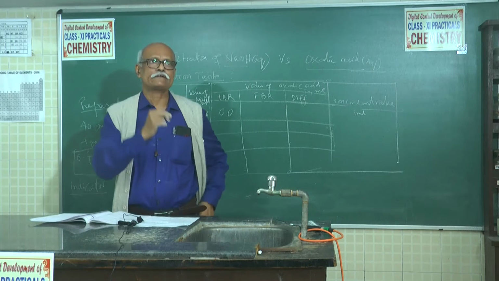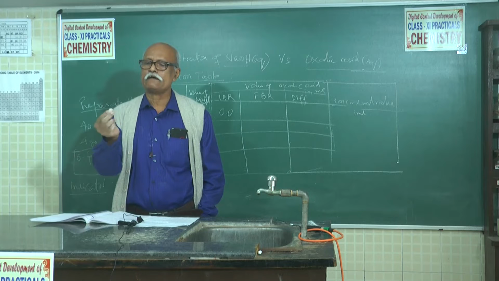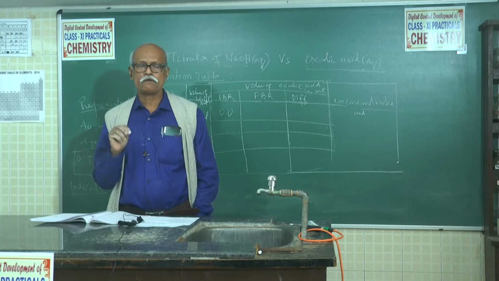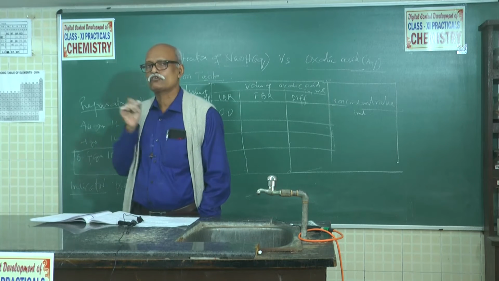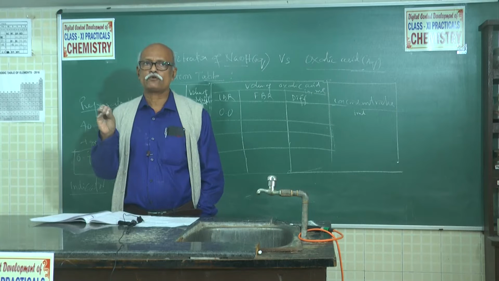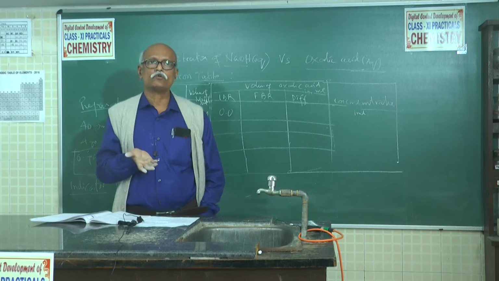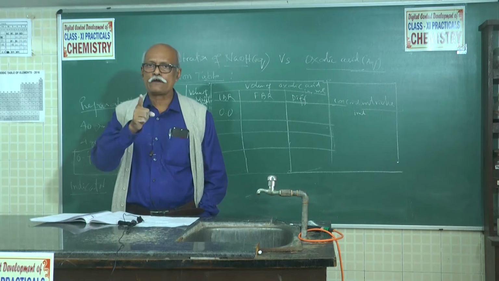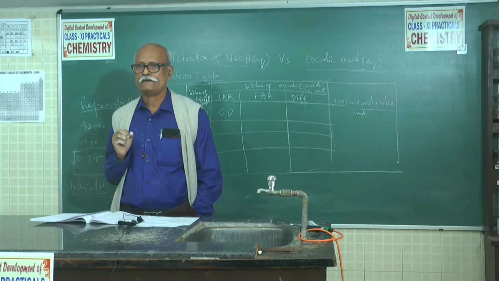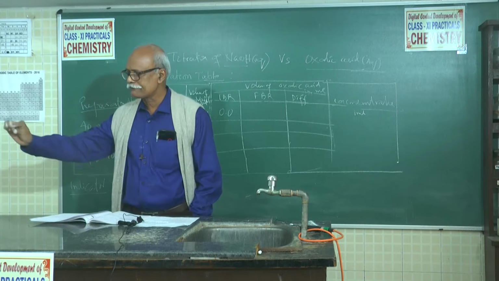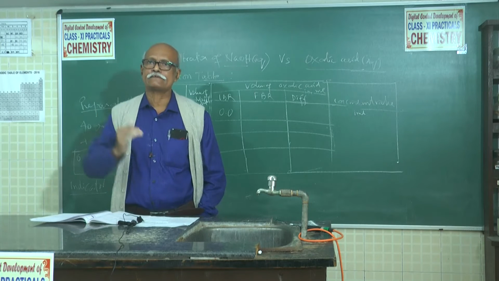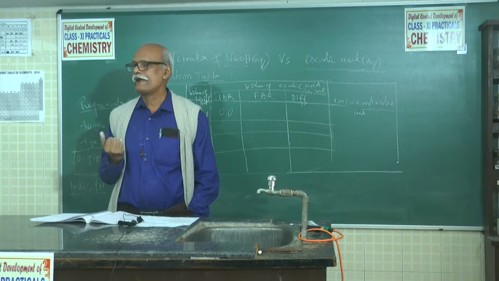But sodium hydroxide in the market is available in pellets, and that pellet is very hygroscopic, and on exposure sodium hydroxide may convert into sodium carbonate. We cannot accurately measure sodium hydroxide because during the process of weighing the weight increases due to absorption of water and carbon dioxide.